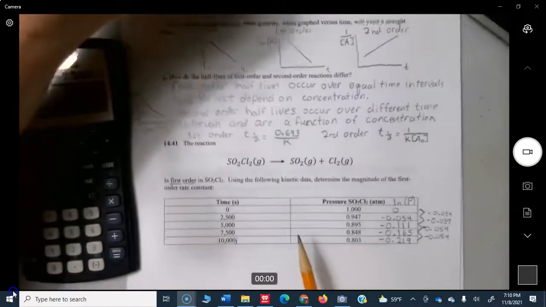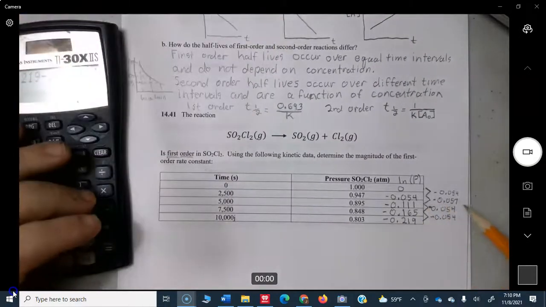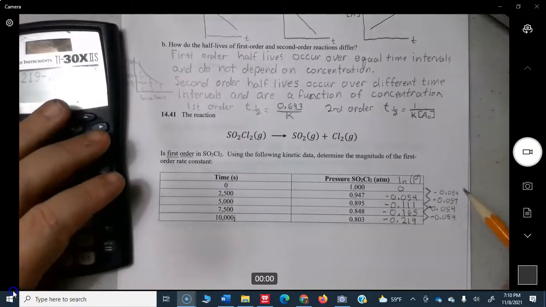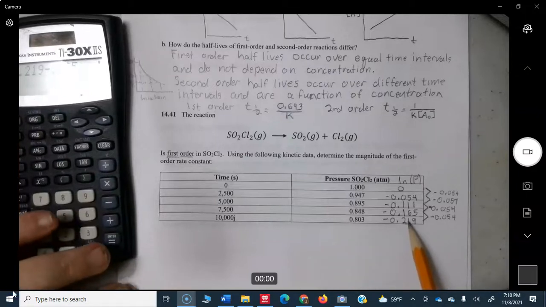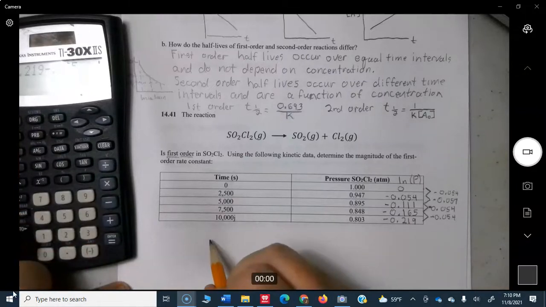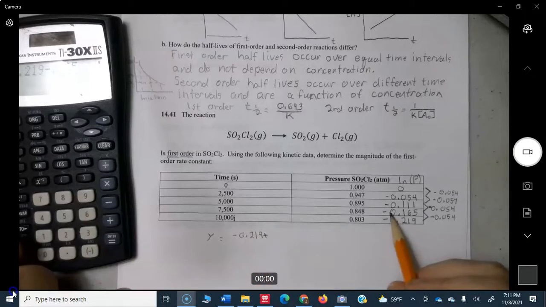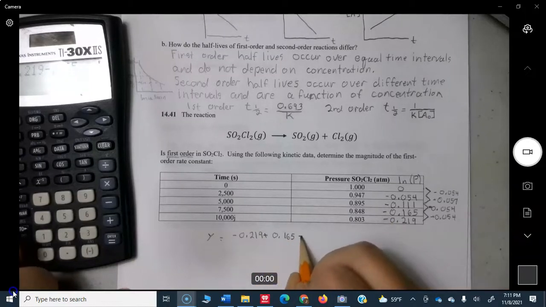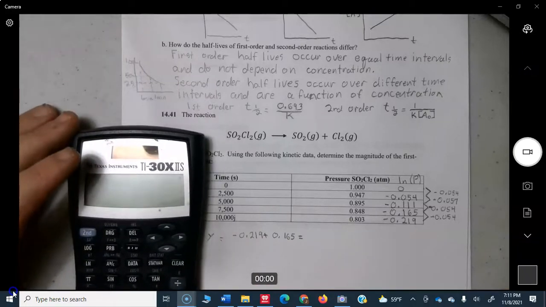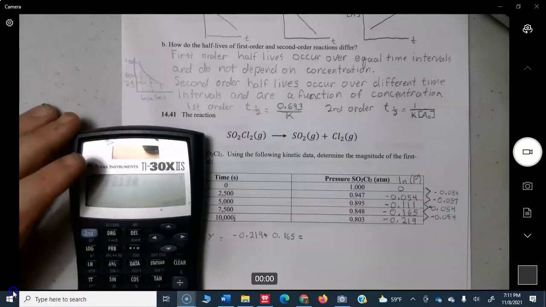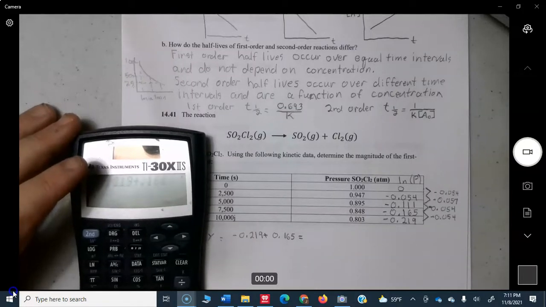The way to find the slope of that straight line is to pick any two of these points. Because this is a straight line, I'll pick these two down here. The y component of the slope is going to be, I'm doing a minus negative here, negative 0.219 minus negative 0.165, so that just becomes plus 0.165.